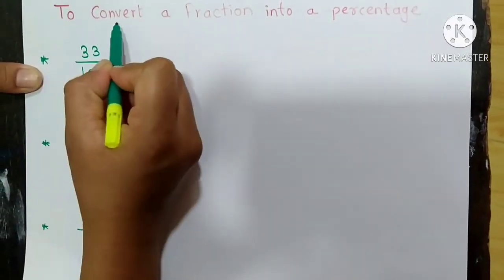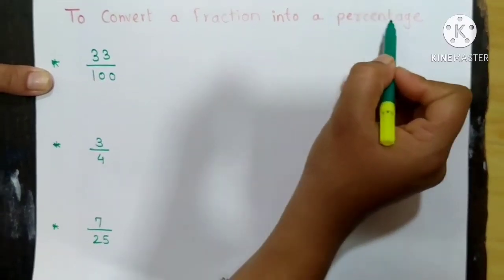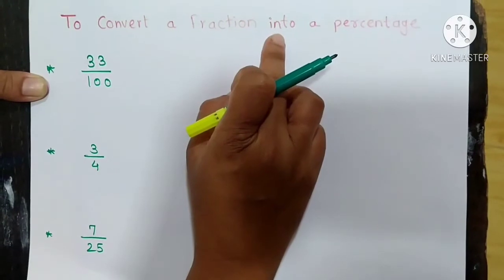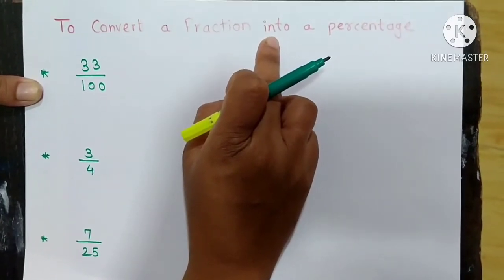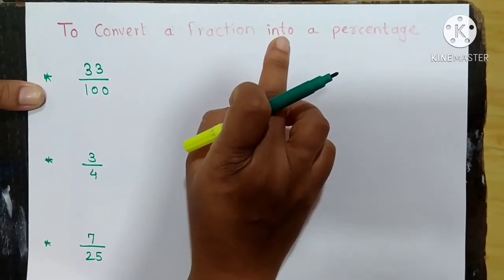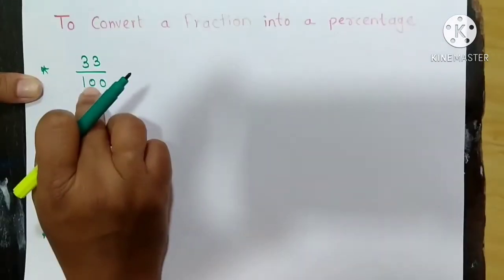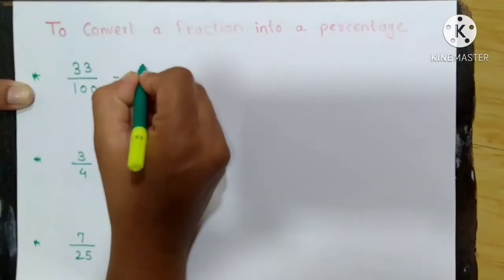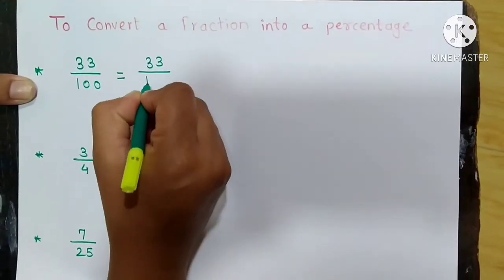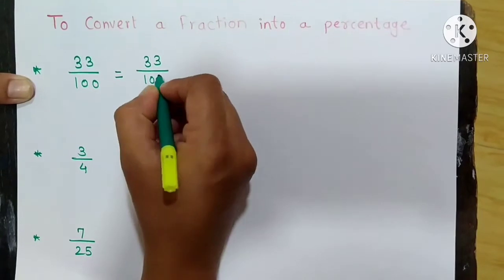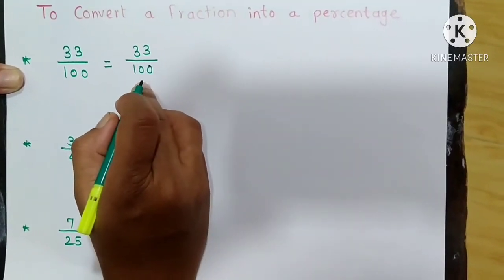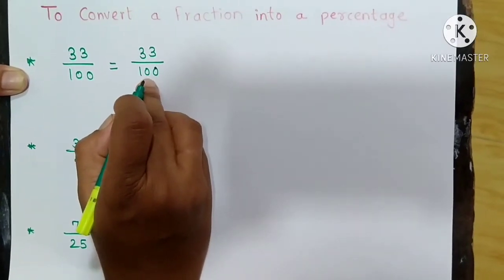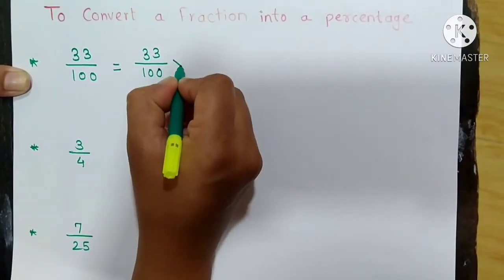Okay, to convert a fraction into a percentage. Here we have to convert a fraction into percentage. In order to convert a fraction into a percentage, multiply the fraction by 100. So this is the fraction. First of all, I am going to write the fraction 33 upon 100, and the rule is, if we have to convert the fraction into the percentage, then we have to multiply the fraction by 100.